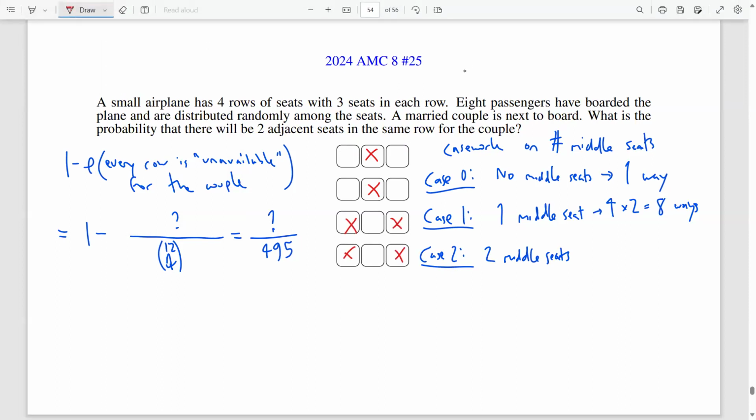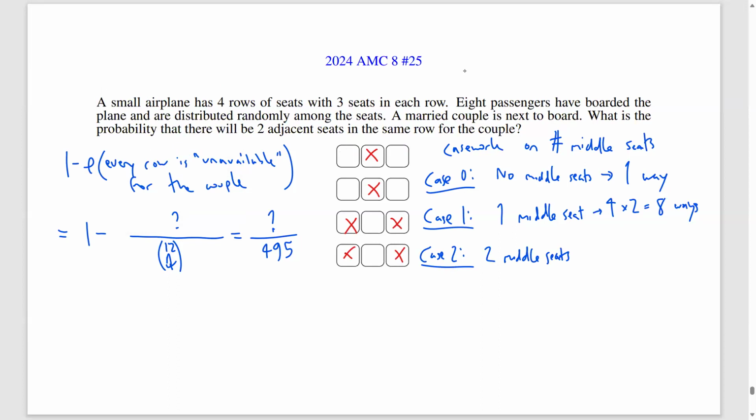So now we've seated 6 passengers, and the remaining 2 passengers must sit among these 4 seats in the first 2 rows. So the number of ways to do that is 4 choose 2. But remember, we also need to multiply by 4 choose 2 because there are 4 choose 2 ways we can choose 2 out of the 4 middle seats to be occupied. And 4 choose 2 is 6, so the number of ways is 36.